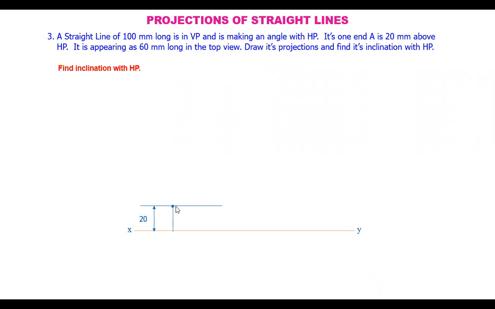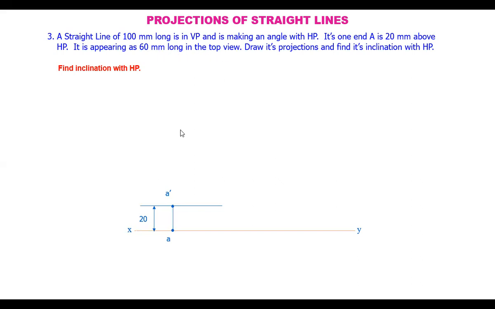We take one point here somewhere. We call it one end A, so this is A dash. Its top view lies in the reference line because the line is in VP. So its top view lies in the reference line. This is A. Now, it is appearing as 60 mm long in the top view.